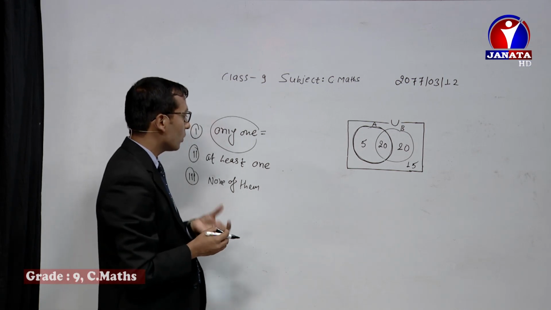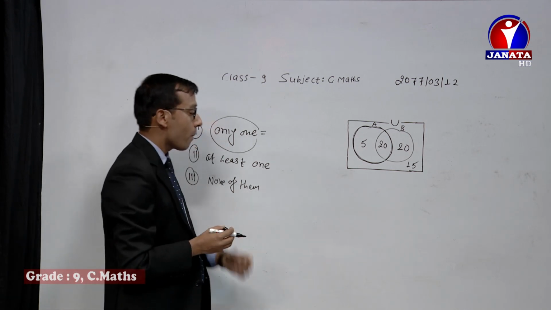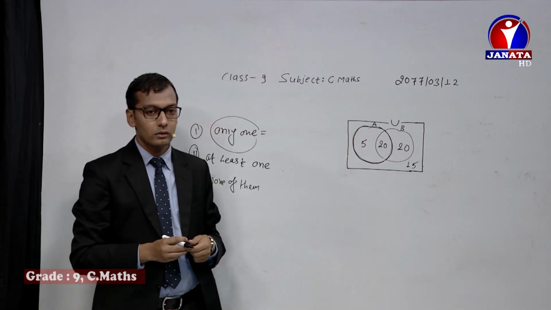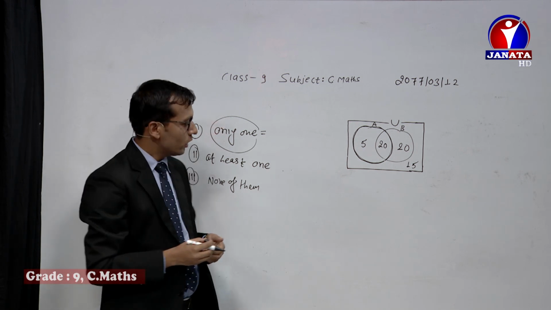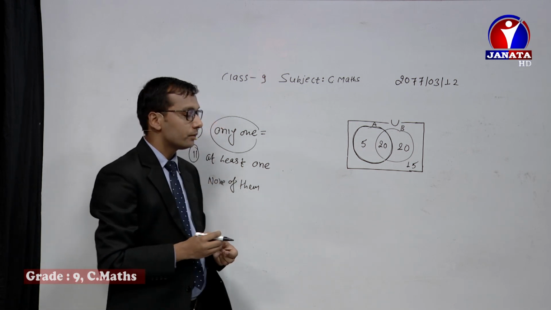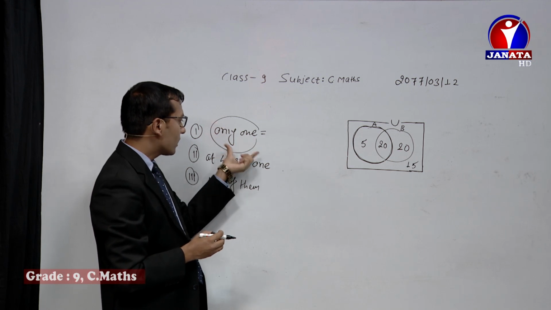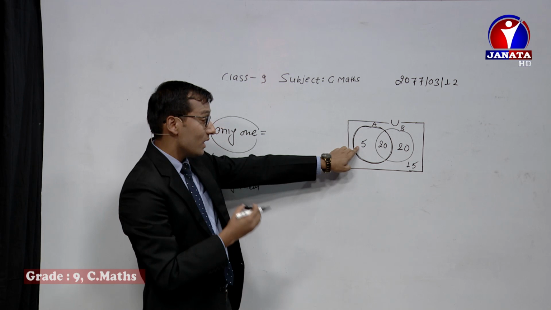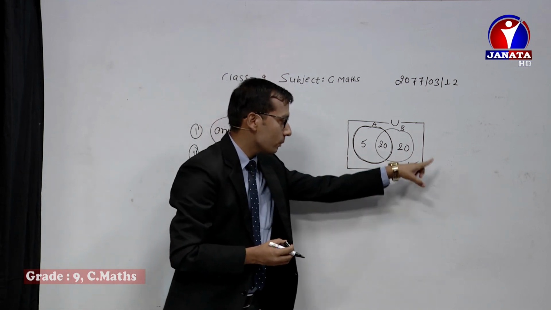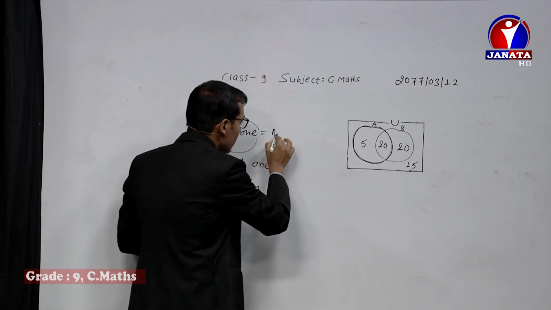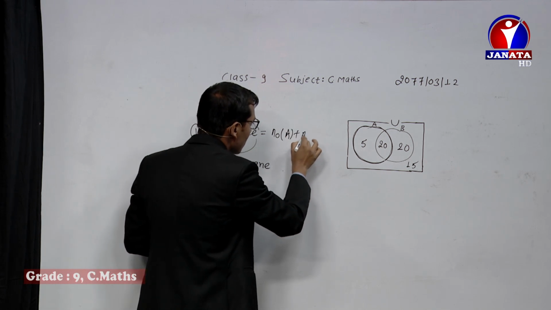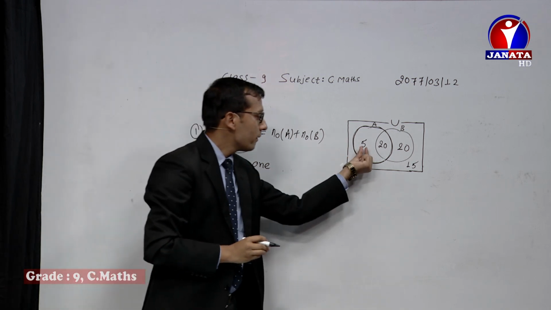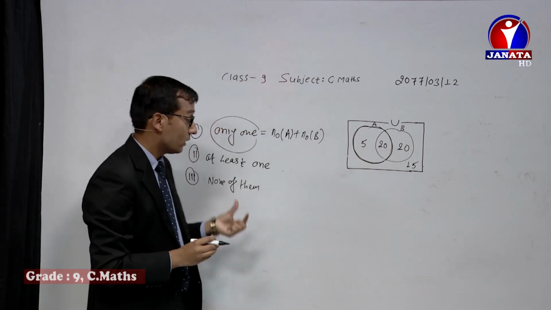It is either students who like only subject A or students who like only subject B. So it's n only A plus n only B. So we can add the numbers 5 and 20 and get the answer.